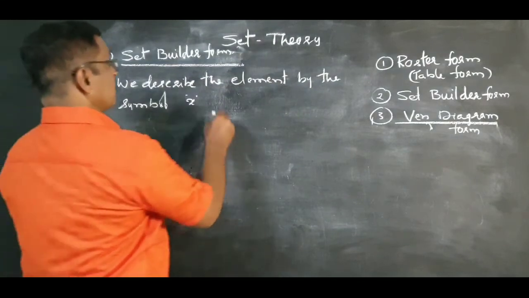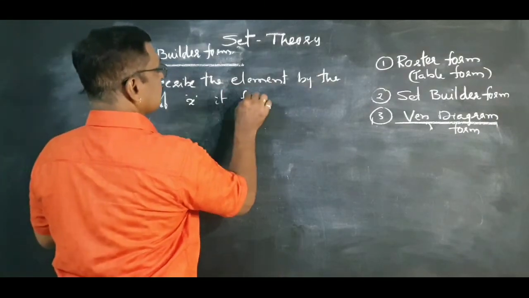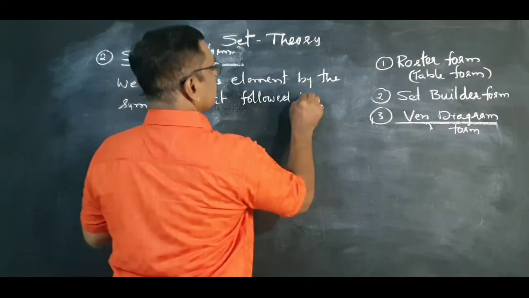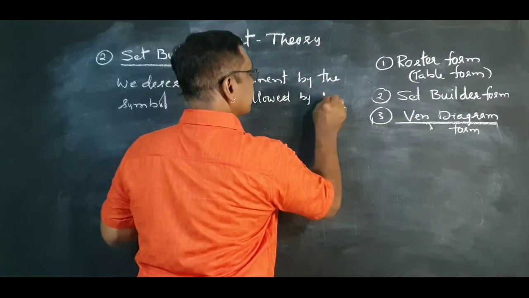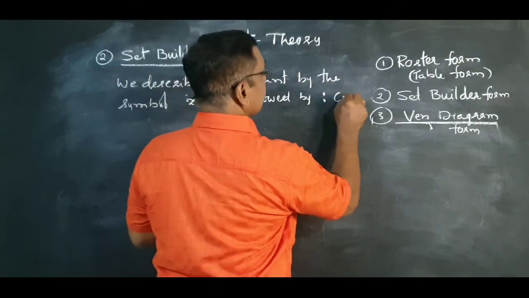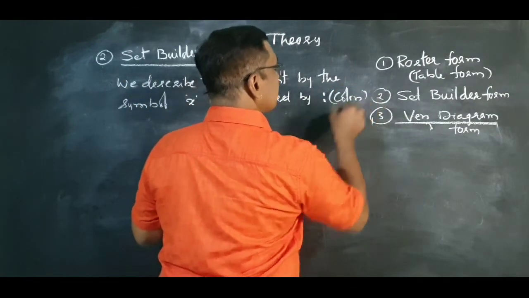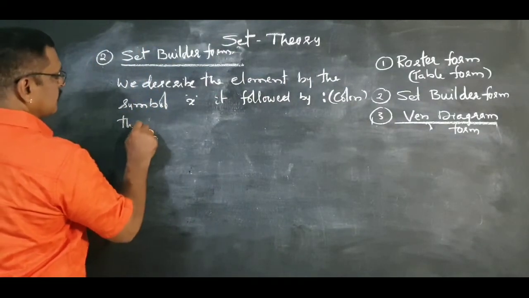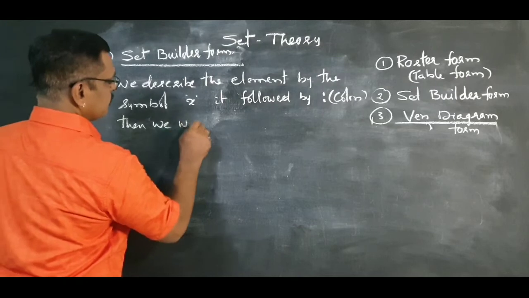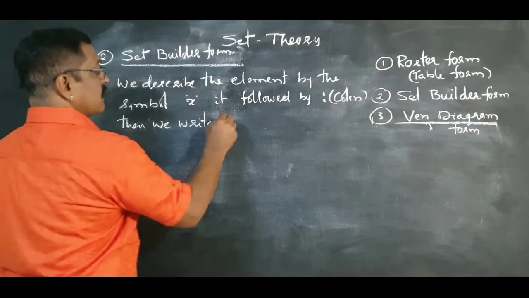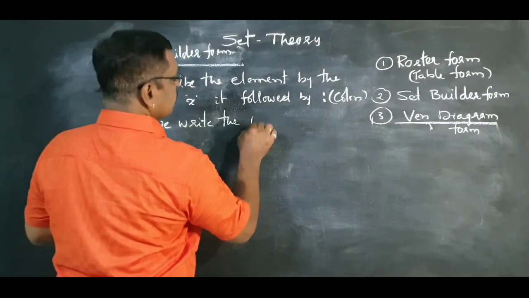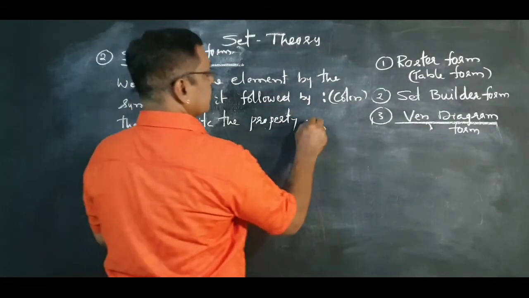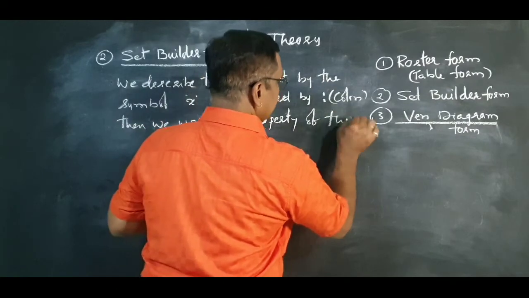After this, it is followed by, as you know very well, a colon. The symbol colon. Then we write the property of the elements.